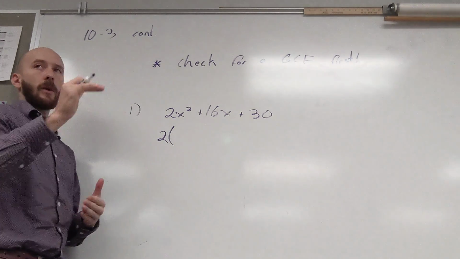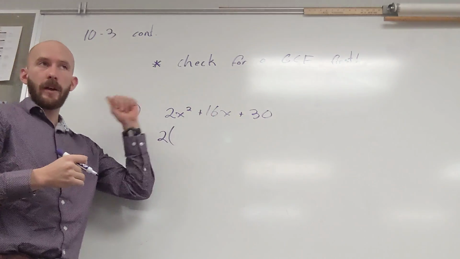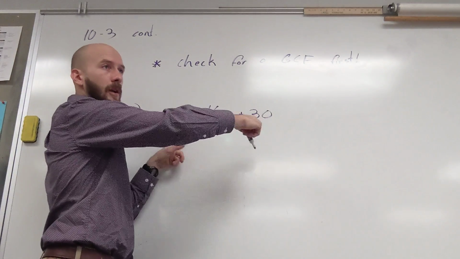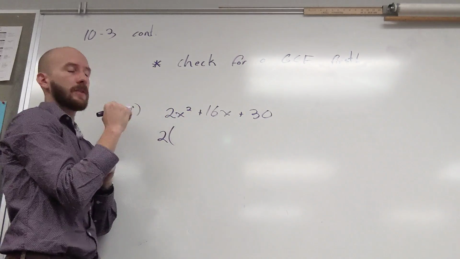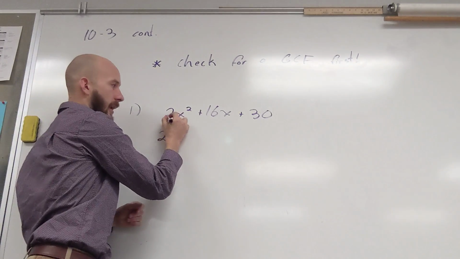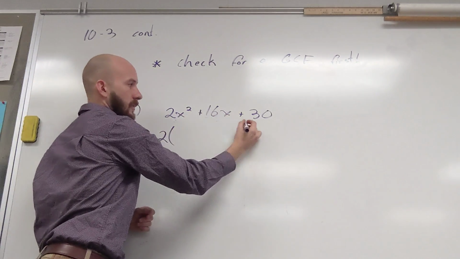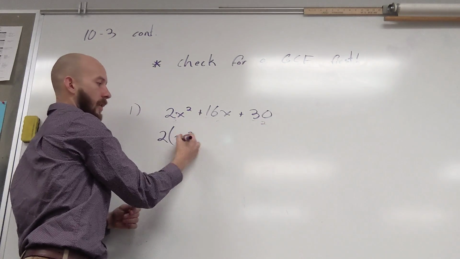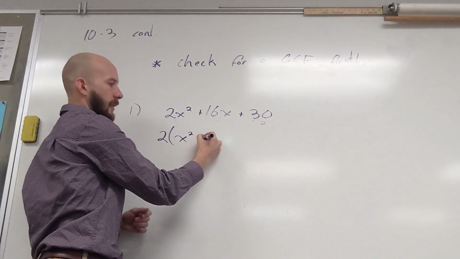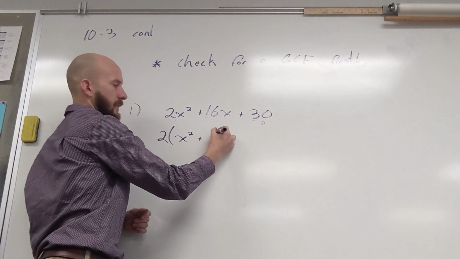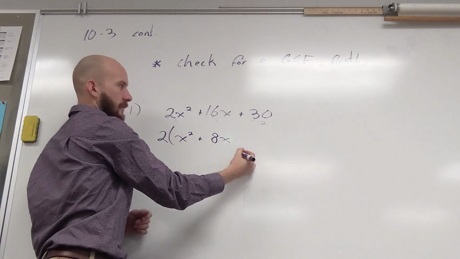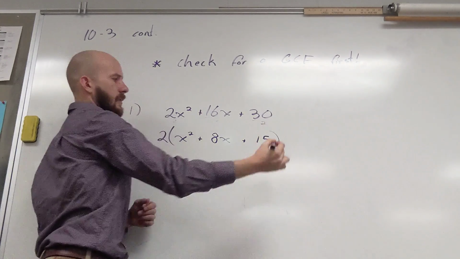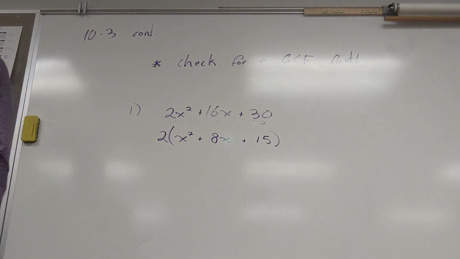This is like what we did back at the beginning of the chapter. You're pulling out that greatest common factor of 2, dividing it out of each term, and putting what's left in the parentheses. So if I divide everything here by 2, I'm left with x squared, or a 1x squared if you want to put that there, plus 8x plus 15.